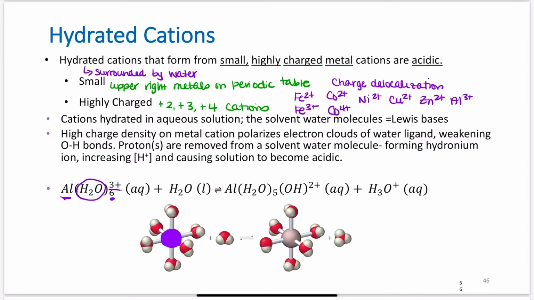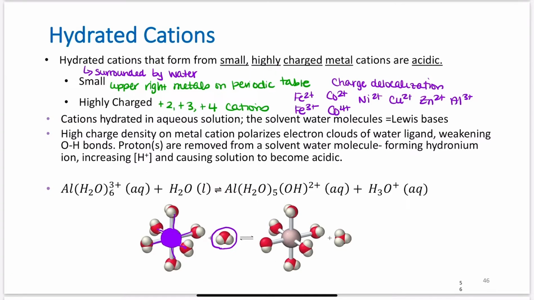It keeps its charge though because those water molecules are neutral. Another water molecule comes along and it sees that this is highly coordinated. This aluminum is so positive that the oxygens are just completely attracted to this aluminum. Strong ion dipole force here. Very strong ion dipole force.